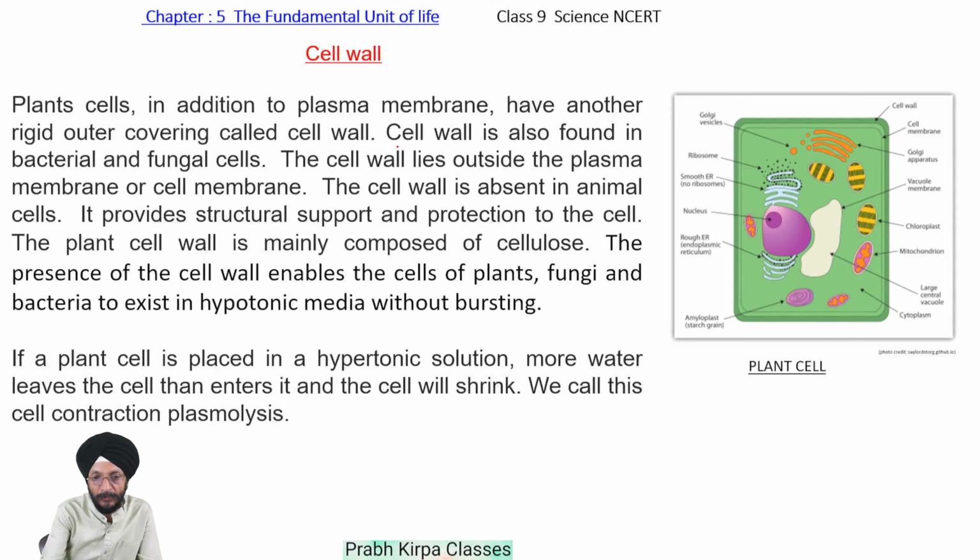So we come to the main question, cell wall. It is also found in bacterial and fungal cells. Cell wall lies outside the cell membrane or plasma membrane. Cell wall is absent in animal cells. Cell wall provides structural support as well as protection to the cell. Plant cell wall is mainly composed of cellulose.